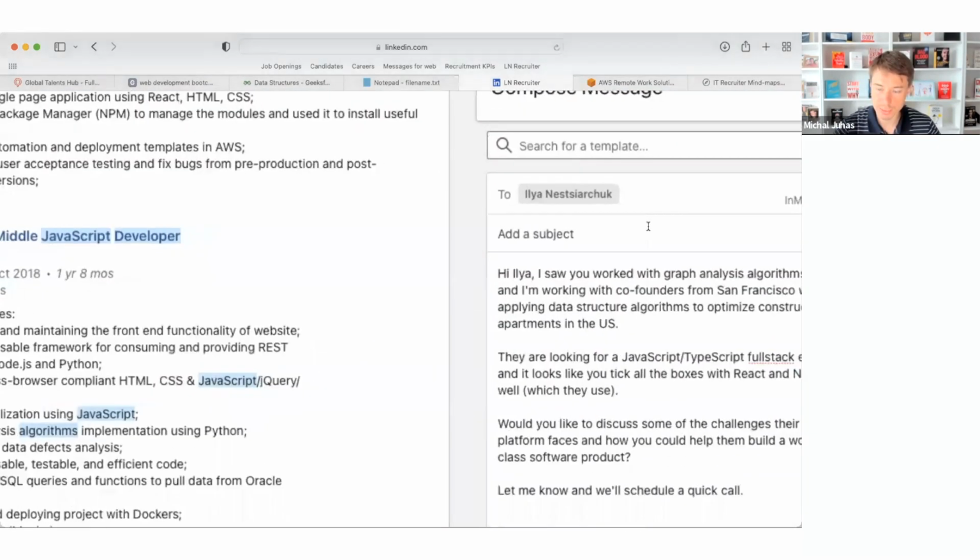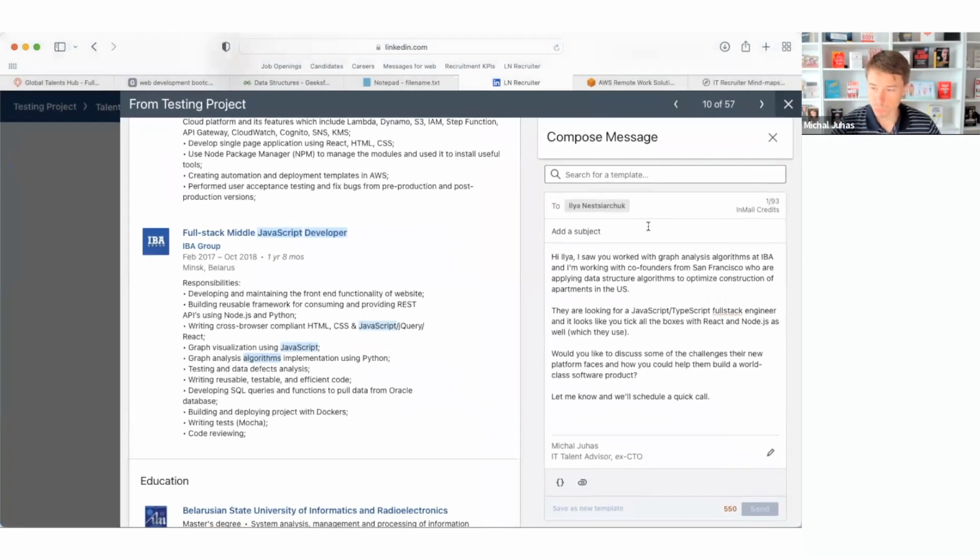Now, the subject, something that will spark some curiosity, something that will get him to think like, oh my gosh, what is this? Not very straightforward. I don't like to say, for example, job opportunity, TypeScript development. That would be way too boring and straightforward. We need something that is a bit more appealing potentially for him.